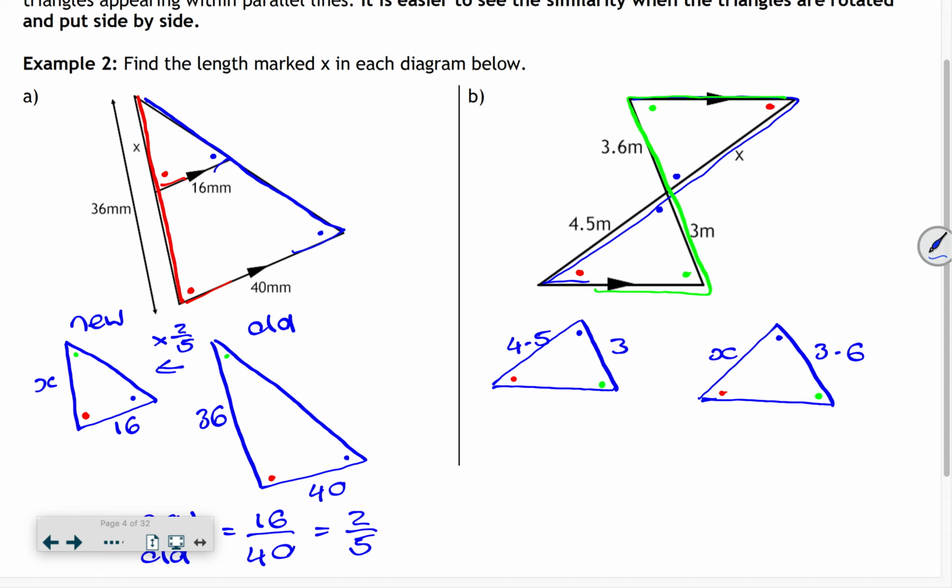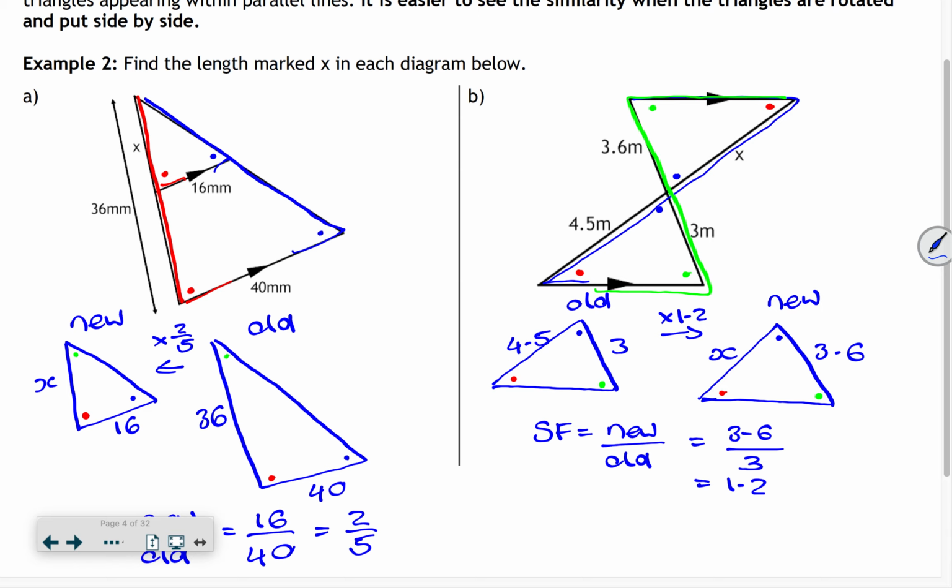Mark them as new and old. So the new shape is the one with the X. The old shape is the previous one. So I can say that the scale factor is always going to be new over old. So that's good. Find the sides that pair up. So that's going to be 3.6 over 3, which is 1.2. So that means that this is a times 1.2 enlargement of the other.